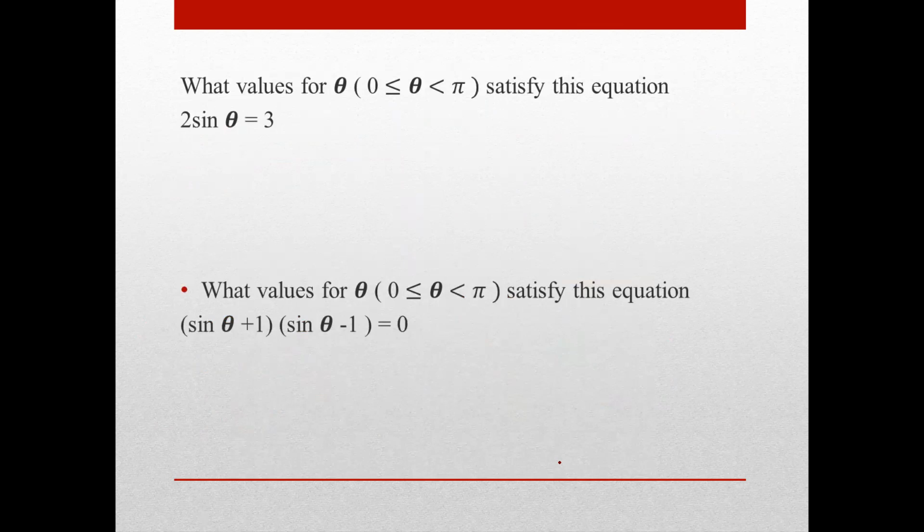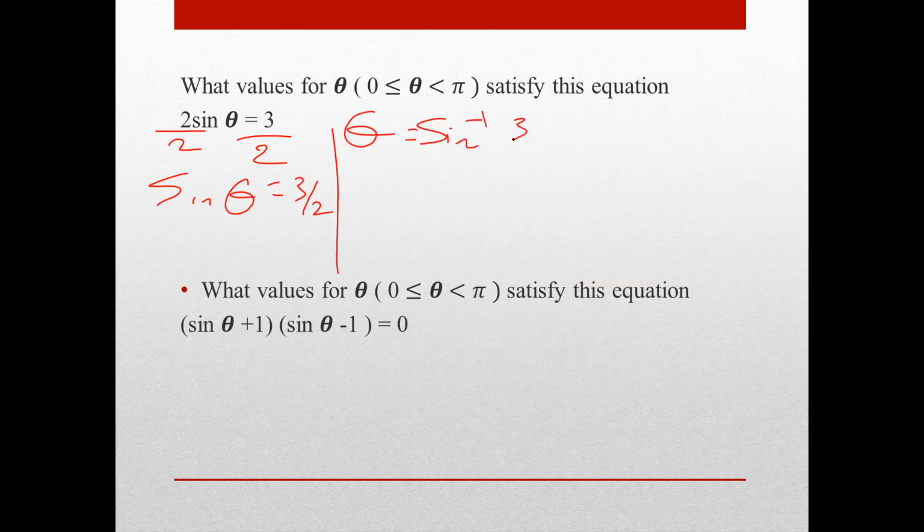Here now, what values of theta from 0 to pi satisfy this equation? 2 sine theta equals 3, divided by 2. Sine theta is 3 over 2. So theta is sine inverse of 3 over 2. Now, if you remember, I told you that the range of sine is from negative 1 to 1.